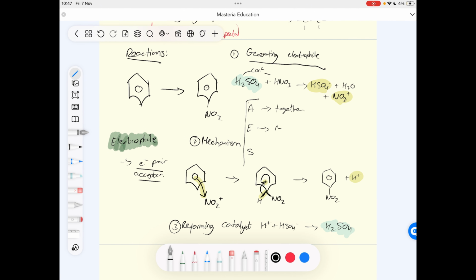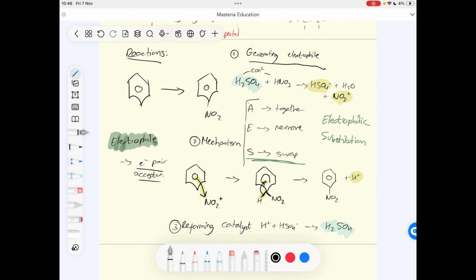Elimination means when you remove something. Substitution means when you swap something. So this is clearly substitution, because we're taking my NO2 and we're swapping it with that hydrogen. So the way we name this is, we name it electrophilic substitution.